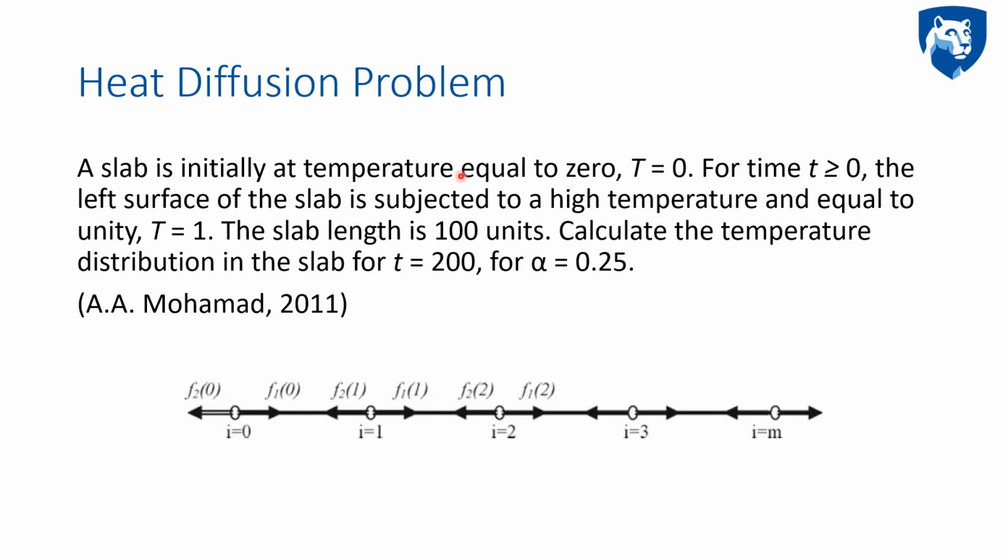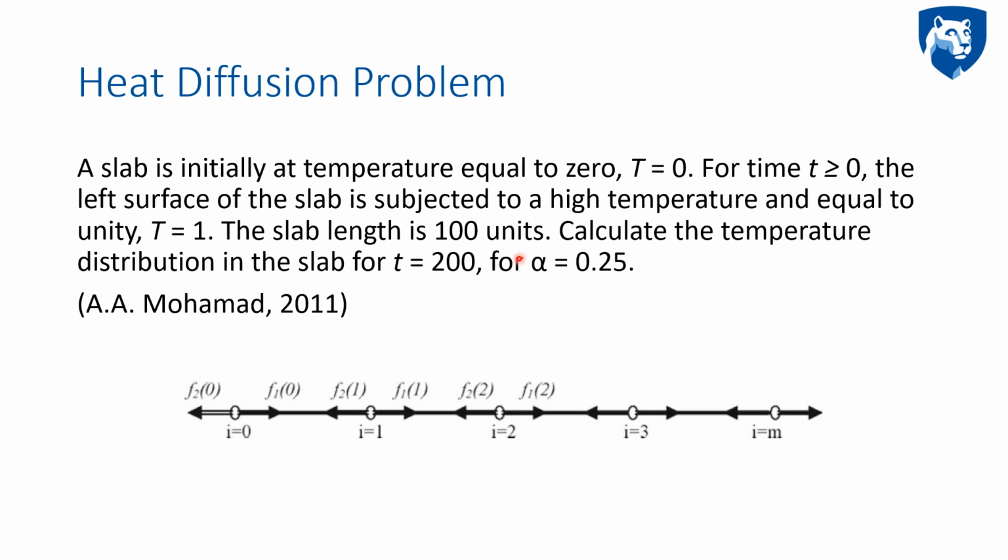So a slab is initially at temperature T equals 0, and then the left surface is subjected to high temperature, T equals 1 at one end of the slab. The slab length is 100 units, and then we have to calculate the temperature distribution in the slab for t equals 200, and the value of alpha is equal to 0.25.